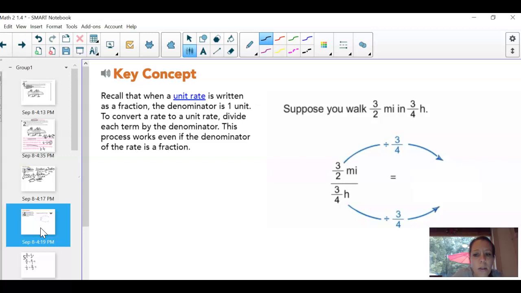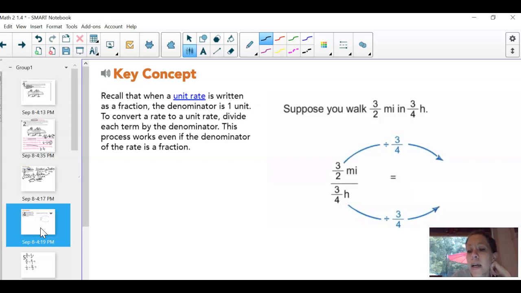It says recall that it's per 1 unit. My example is: suppose you walk 3/2 miles in 3/4 hours, and I want to know how much I would walk in 1 hour. So I take the 3/2 and divide it by 3/4 hours because I want per 1 hour.